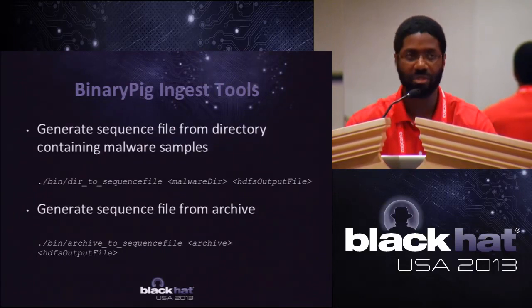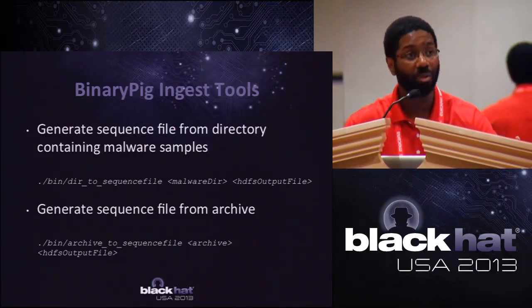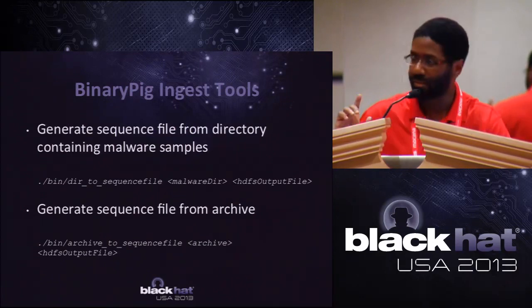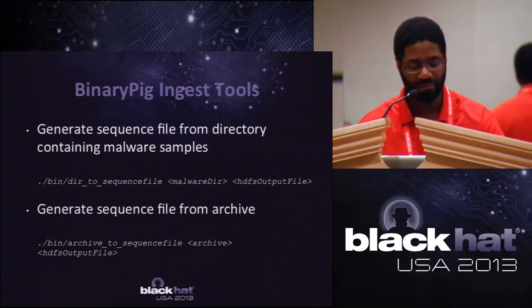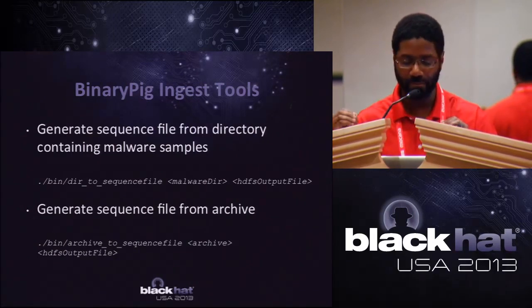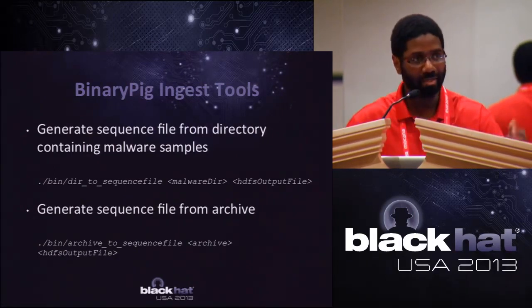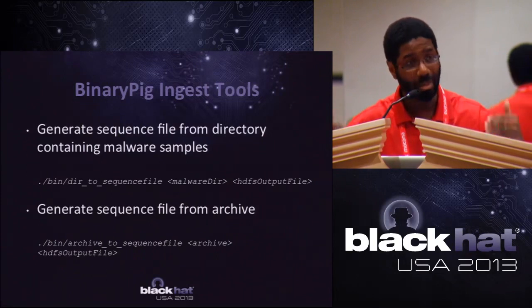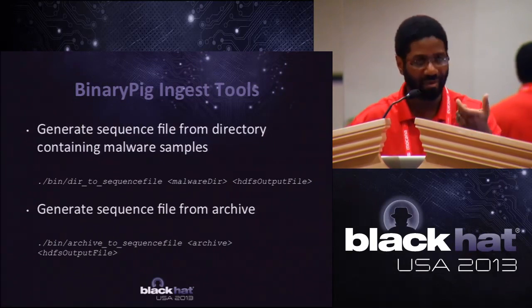For those that aren't familiar with it, a sequence file is just a simple data structure. The key, we make the MD5 of the malware binary, and then the value is the actual binary data itself, right? So that's what we copy up. Then when you run it over Hadoop, it iterates over each line, which is an MD5 and the malware.